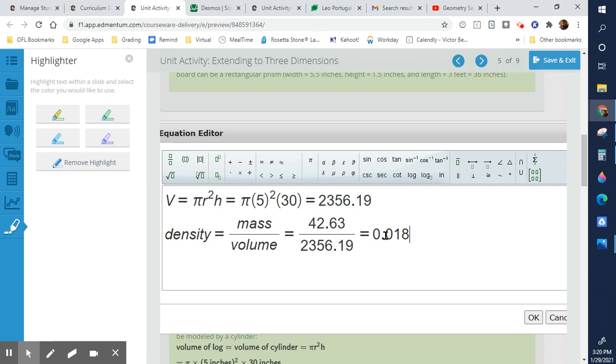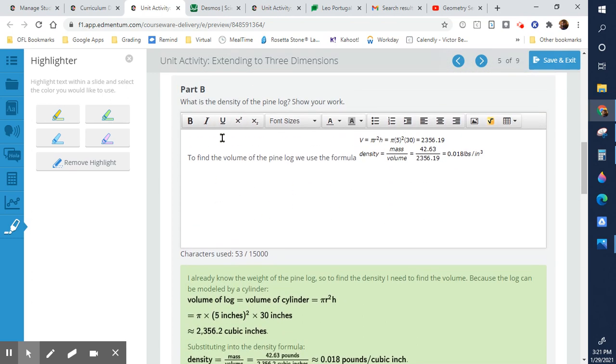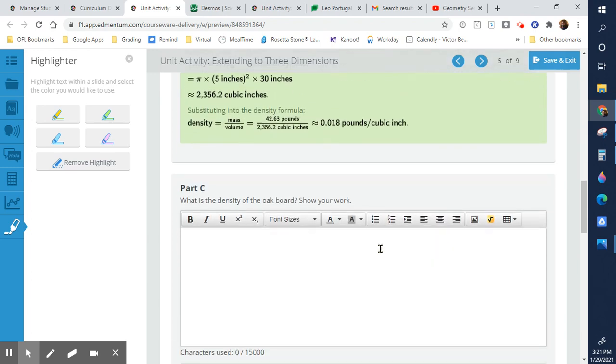And this is technically pounds per cubic inch. So if I wanted to do that, it would be LBS inches cubed. If you want to do that, I'm not requiring you to do that. It's just helpful to know how we're doing it. So that's the main thing on how we're solving for the density of this. So I just wanted to give you guys part B on how to do this.